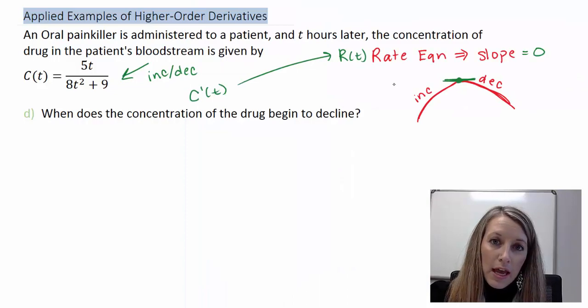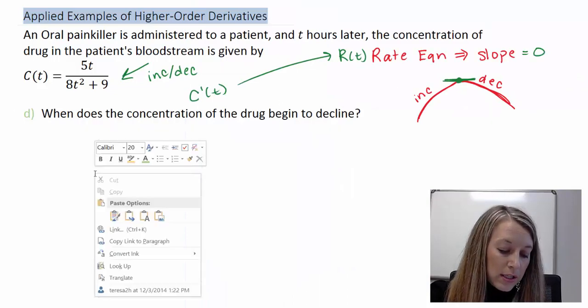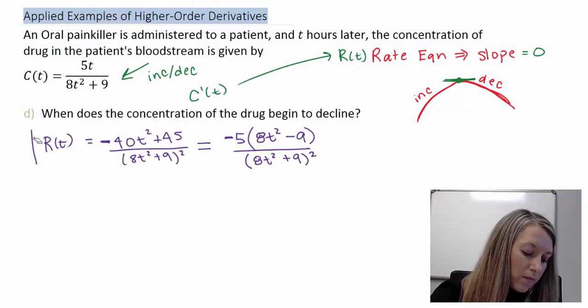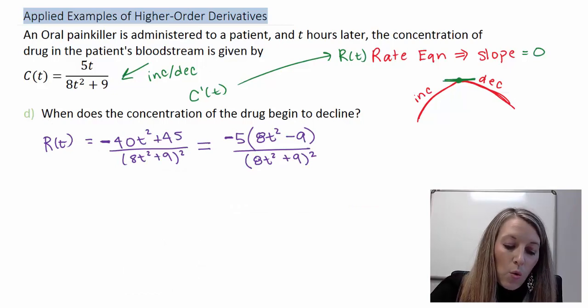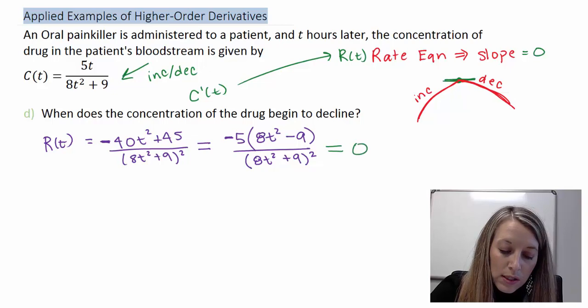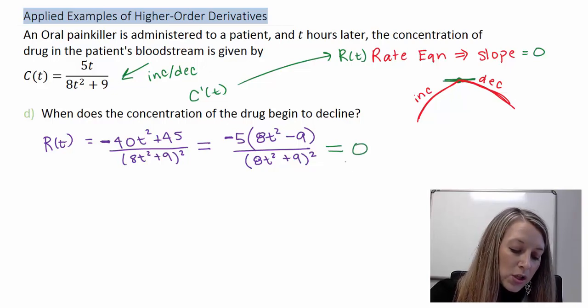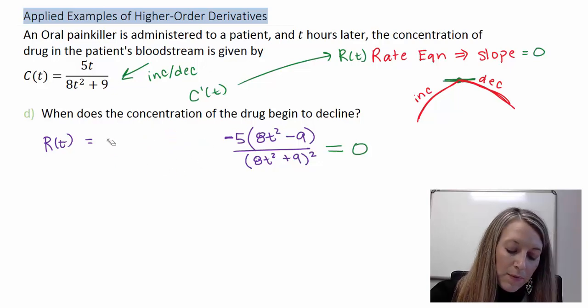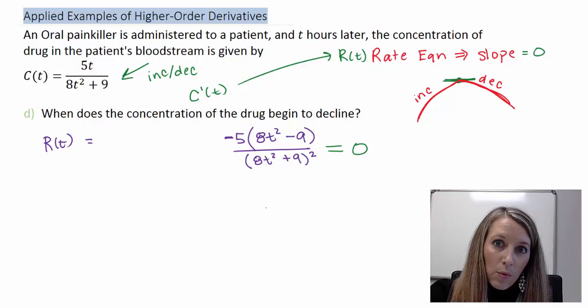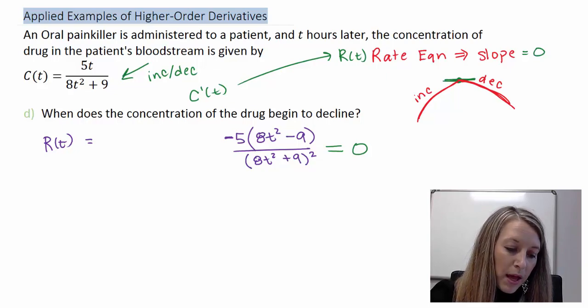Okay, I'm going to take my rate equation. Again, we did it from part A, so I'm just pasting it from part A, and I want to know, when does this equation equal 0? Now, I'm going to use my factored format, so let me get rid of this version here, but we know it's the same thing. I know I can get rid of the denominator by just multiplying by it, so let me cancel that out.